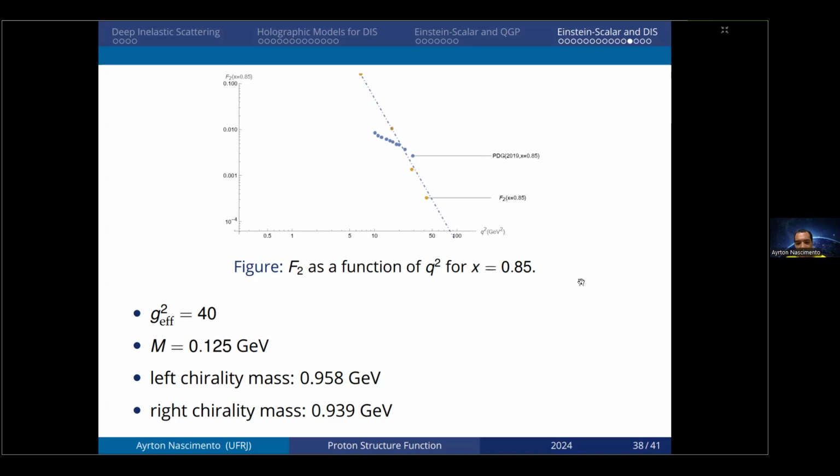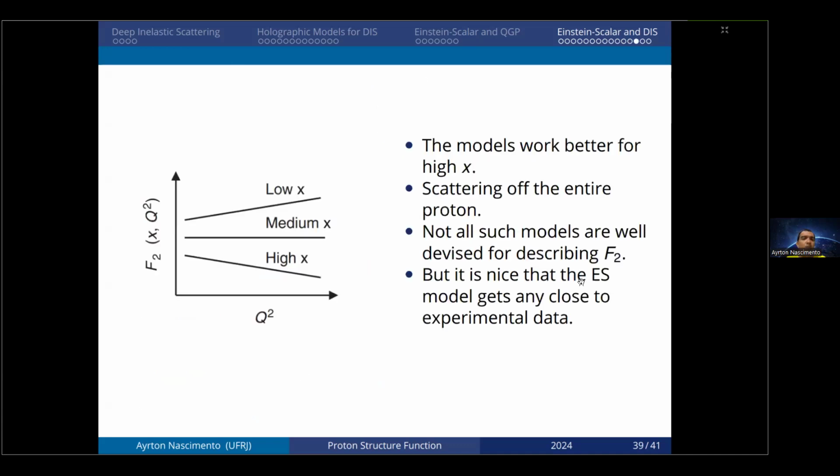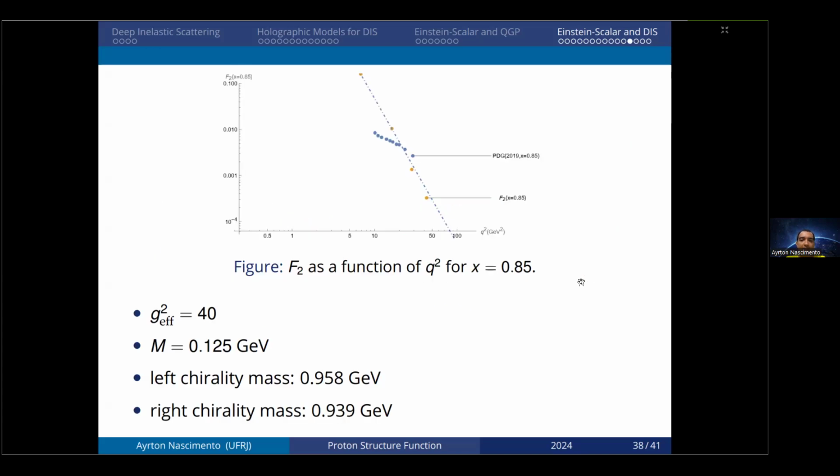The conclusion is that even though the experimental points are not as well fitted as with the other holographic models, this model still reproduces the same behavior that the F2 function shows in the other holographic models.